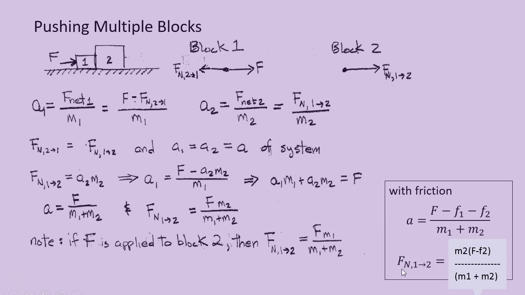And to find the normal force of 1 pushing on block 2, it's the force F times the mass of block 2 minus the friction of block 2 divided by the system mass. And if we had the force pushing to the left on box 2, we would adjust the force equation the same way we did over here.